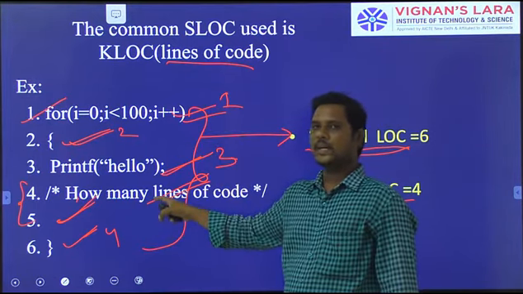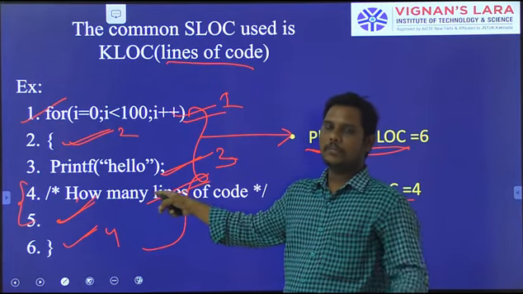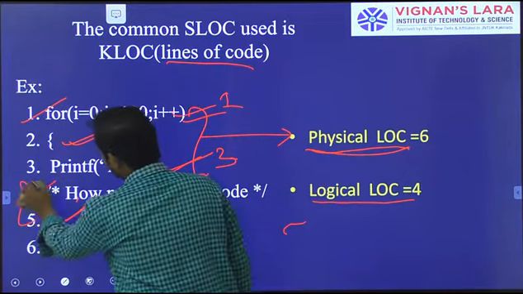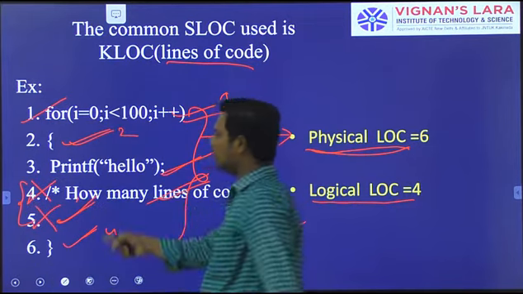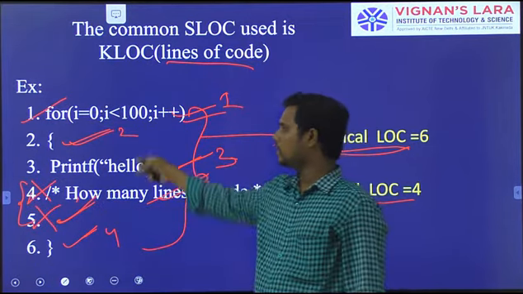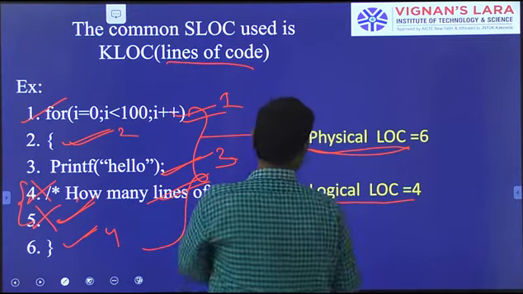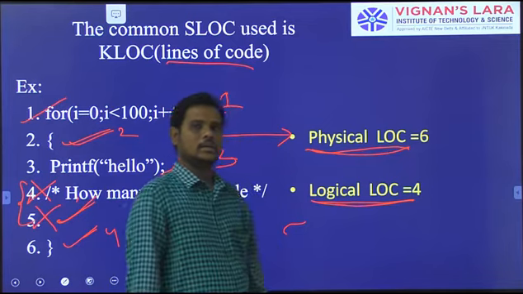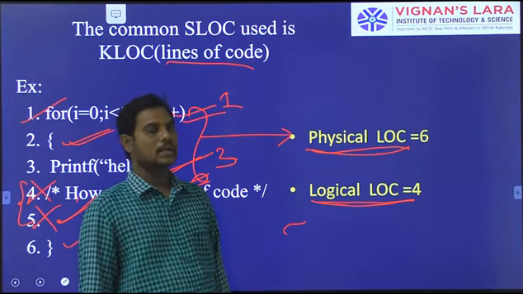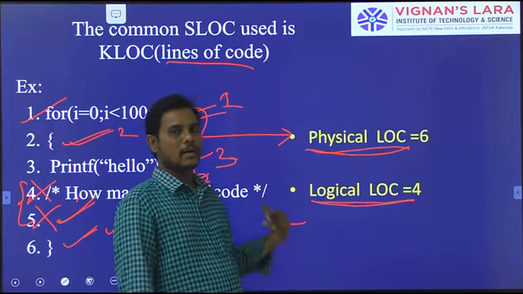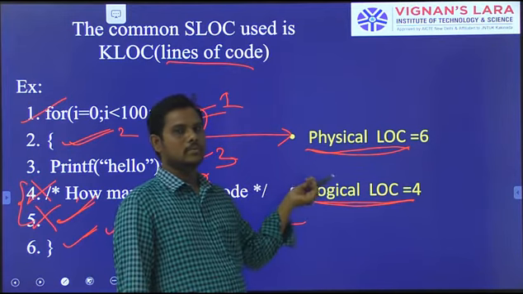These 4 lines are enough to complete your program. Okay? So we need not consider the comment line and the empty line because they are of no use at all. Only executable statements are considered in logical SLOC. It is very easy. Physical SLOC means we consider comments and empty lines of the program.